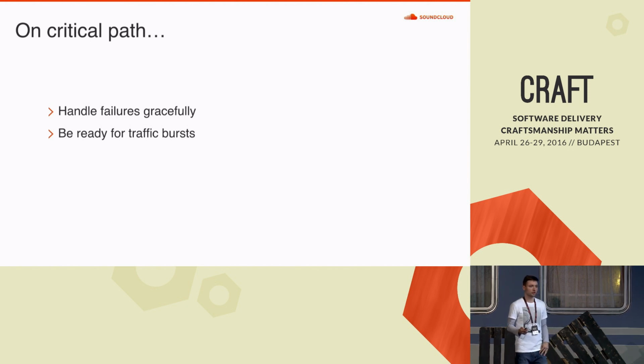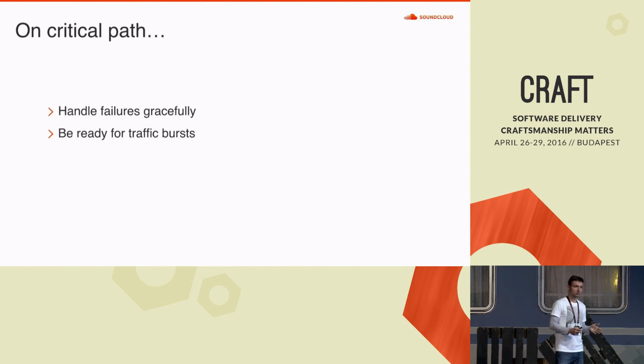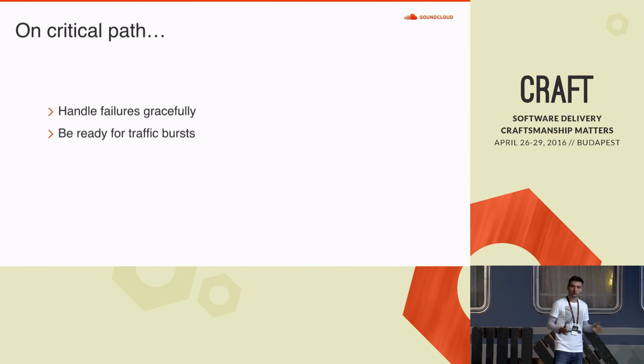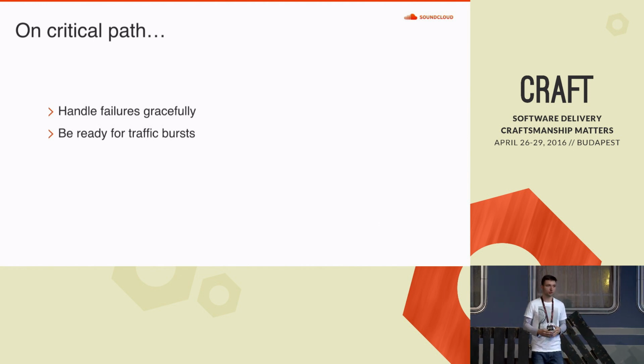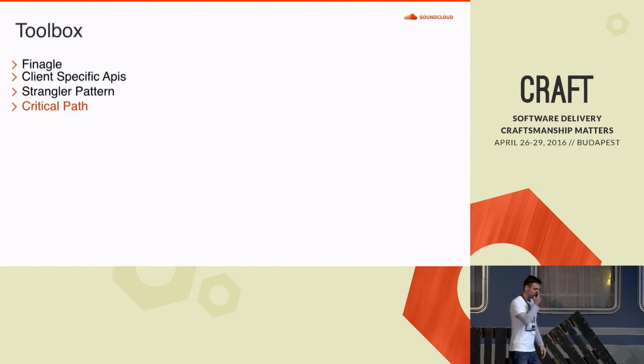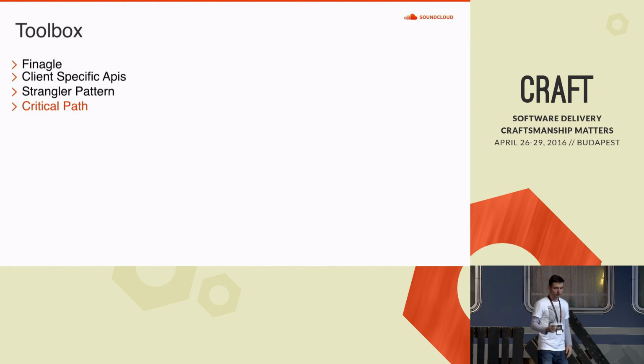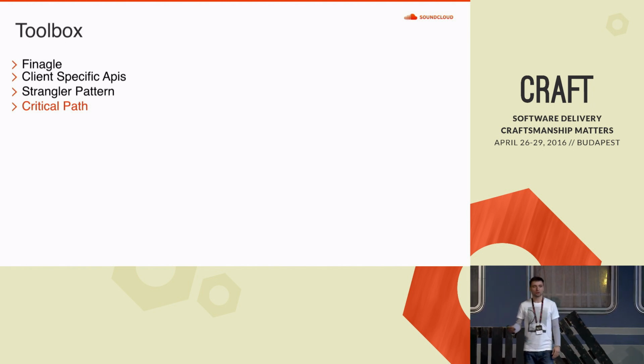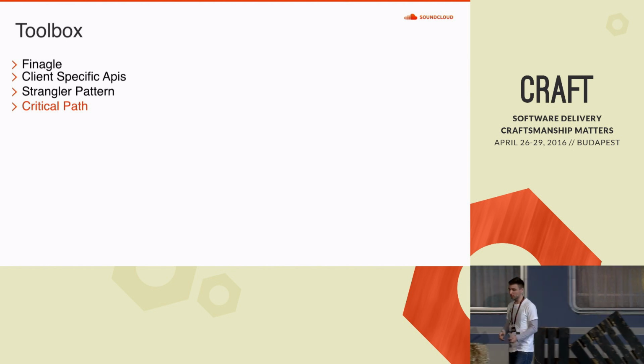We need to be ready for these unexpected incoming traffic spikes. And also we are really diligent on their on-call rotation. If any incidents happen on any of those services, we resolve them as quickly as possible. So as said, the critical path comes with its downsides, but it also reduces the cost of serving a single incoming request. So it is an item that we have in our toolbox.